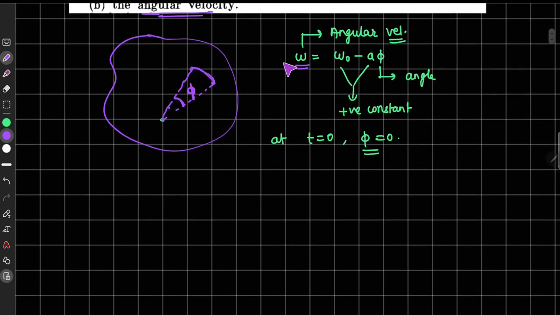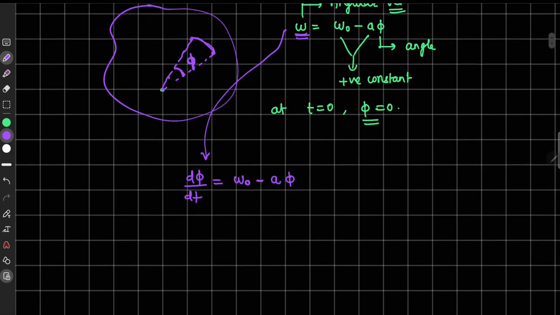From this we can write omega as d phi by dt, that is, the rate of change of angular displacement is equal to angular velocity. Omega naught is constant, minus a is constant times phi. Now on the right side we have a function of phi.